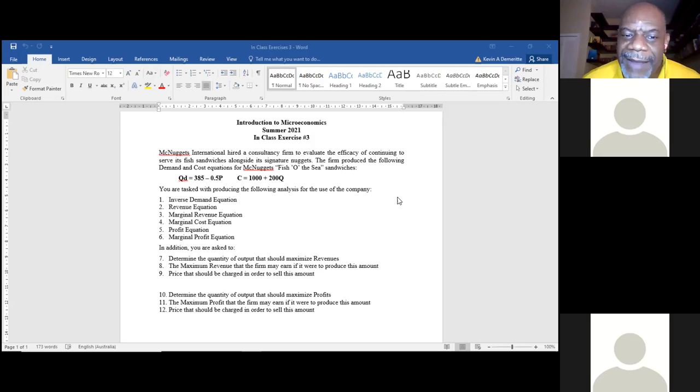Then they ask you to determine the quantity of output that will maximize revenue. And then how much revenue the company is going to make if it were to produce this amount of output? And then what price they should charge if they wanted to sell this output you just figured out. And then you do the same thing for profits.